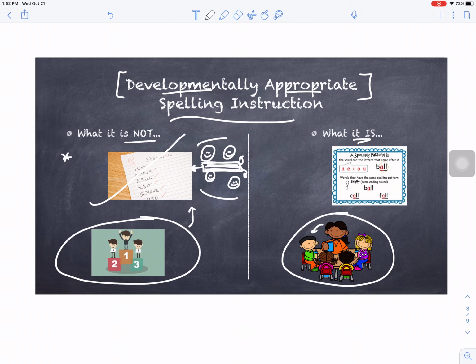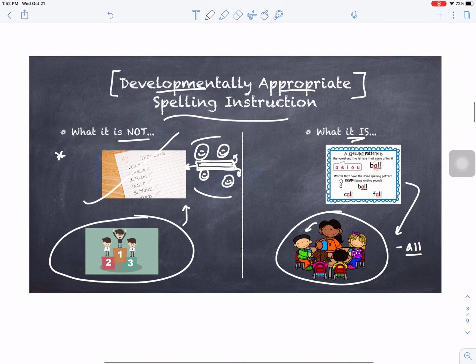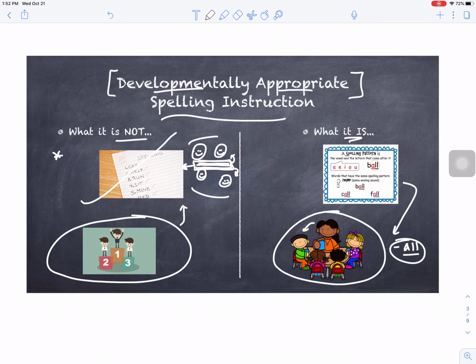So maybe this group right here is working on the all word family, and they are sorting words that have all in them, like small, ball, fall, call, and they're looking for that pattern within all of their words. Maybe after this group moves through with the teacher, another group comes and they're working on the IGHT word family.